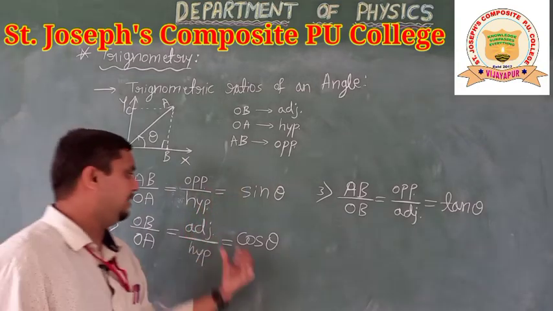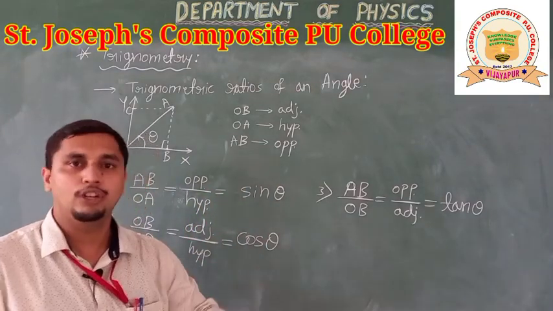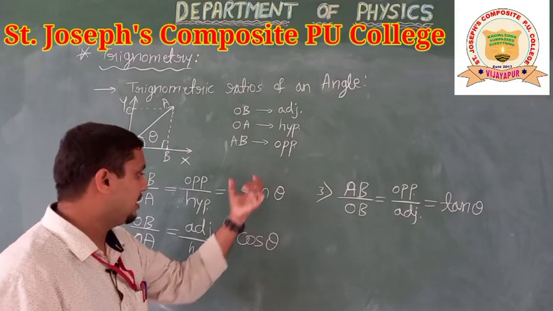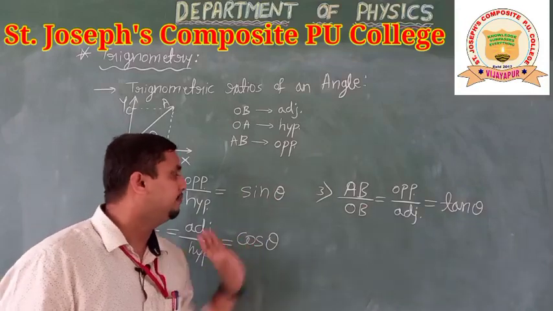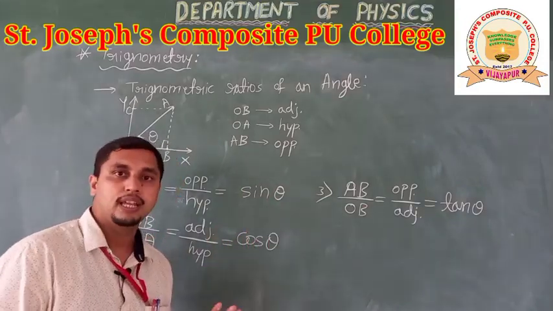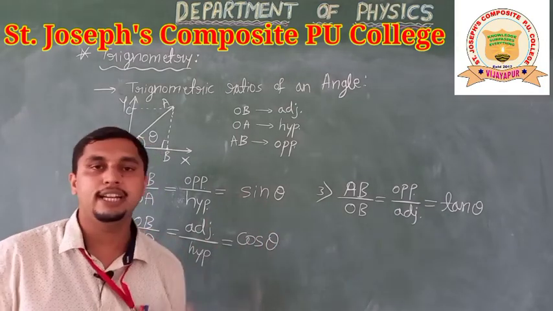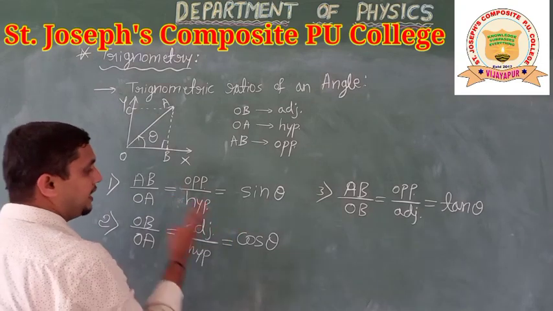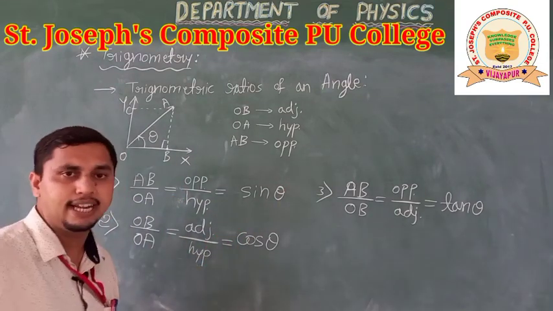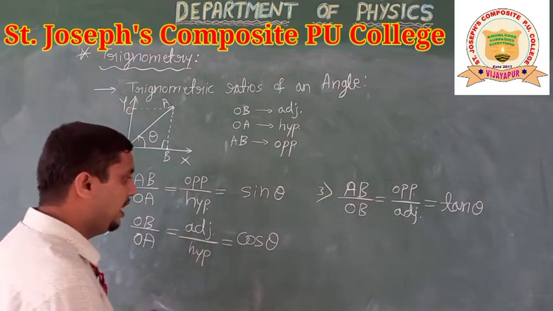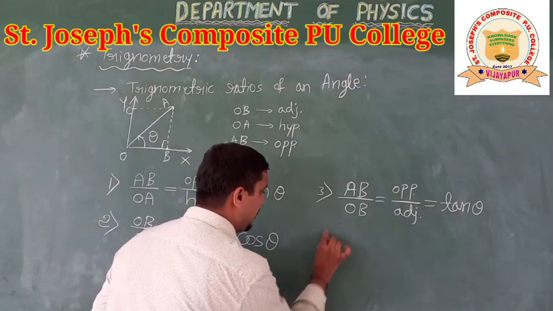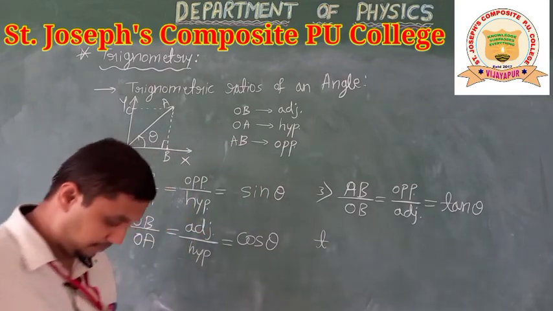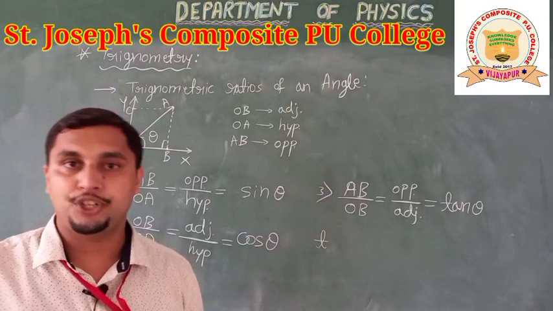Basically we need these three. I hope you know the remaining ones also, but in physics only these three are important: sin theta, cos theta and tan theta. Keep in your mind how to take sin theta, cos theta and tan theta. We also know the relations between the trigonometric ratios.